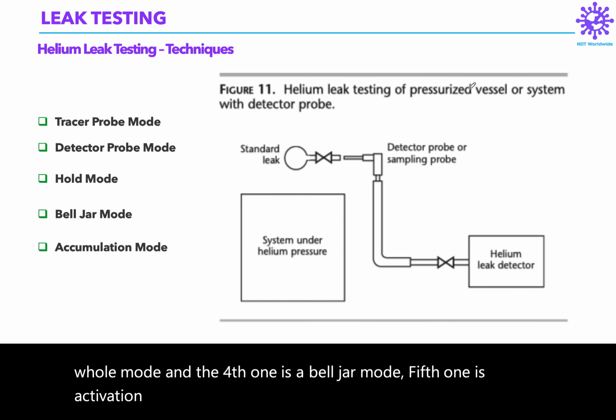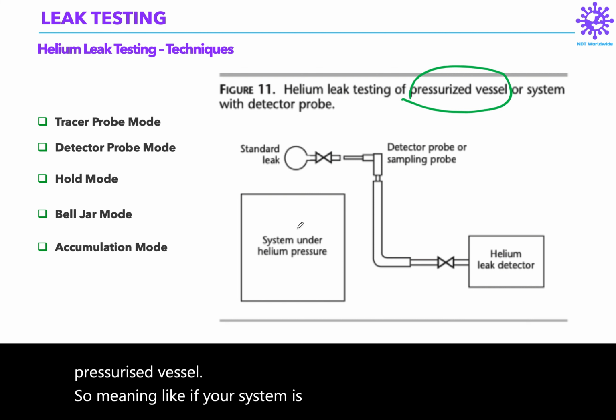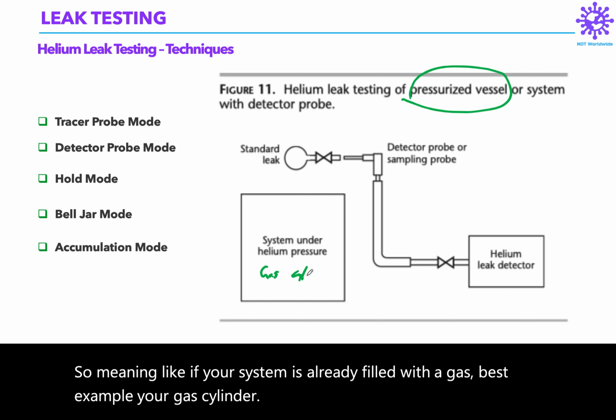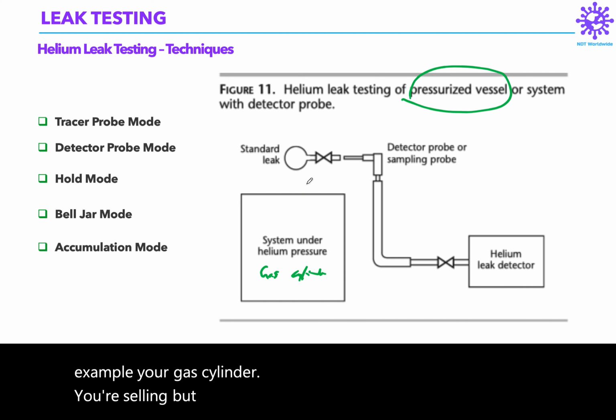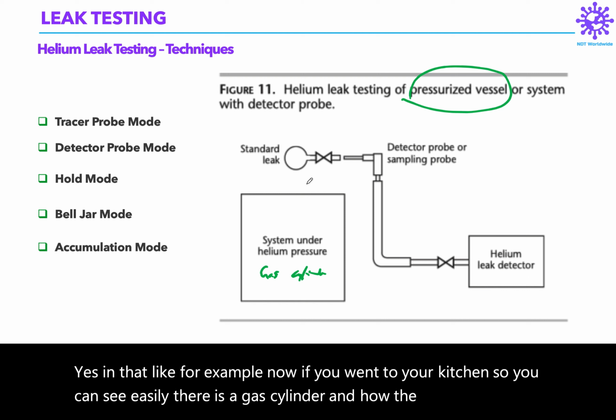So you can see here, when you're dealing with a pressurized vessel, meaning your system is already filled with a gas, the best example is your gas cylinder. For example, if you go to your kitchen, you can easily see a gas cylinder. Then how do you know whether the gas is leaking or not?